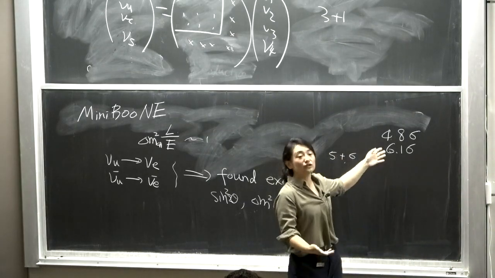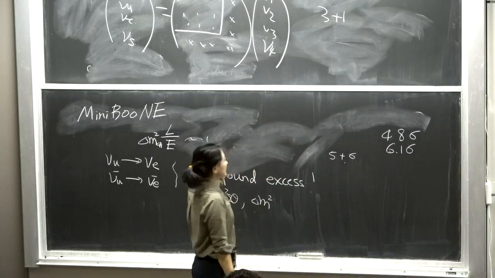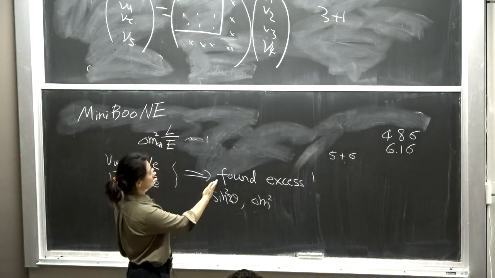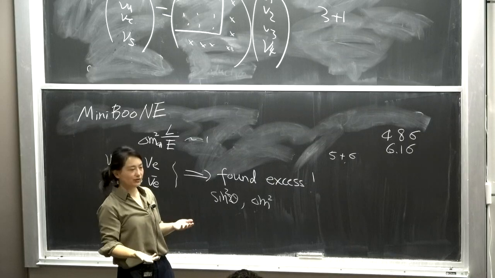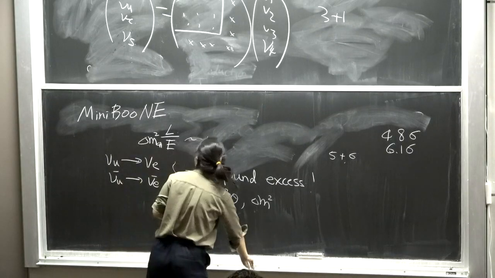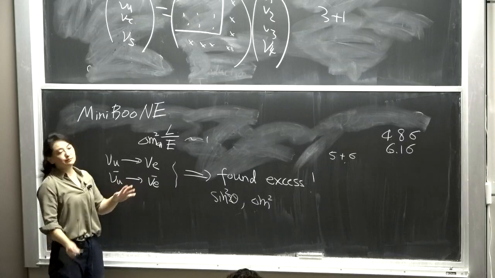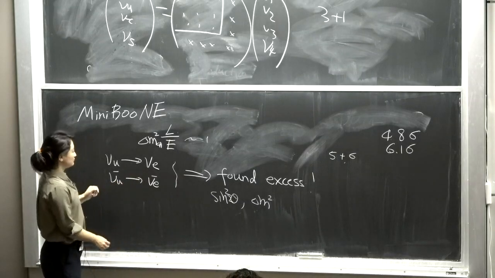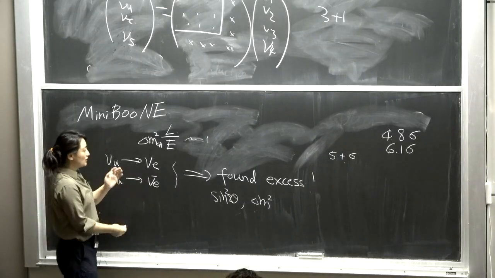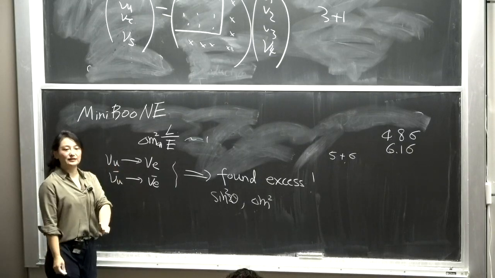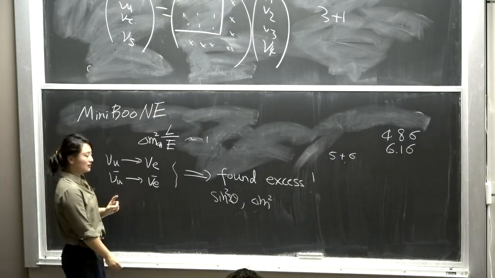So what could be the case? This is a 20-year anomaly, so people have argued about this for a very long time. There are many possible explanations, but one, for instance, is that you don't see neutrinos in your detector. You never see them directly.